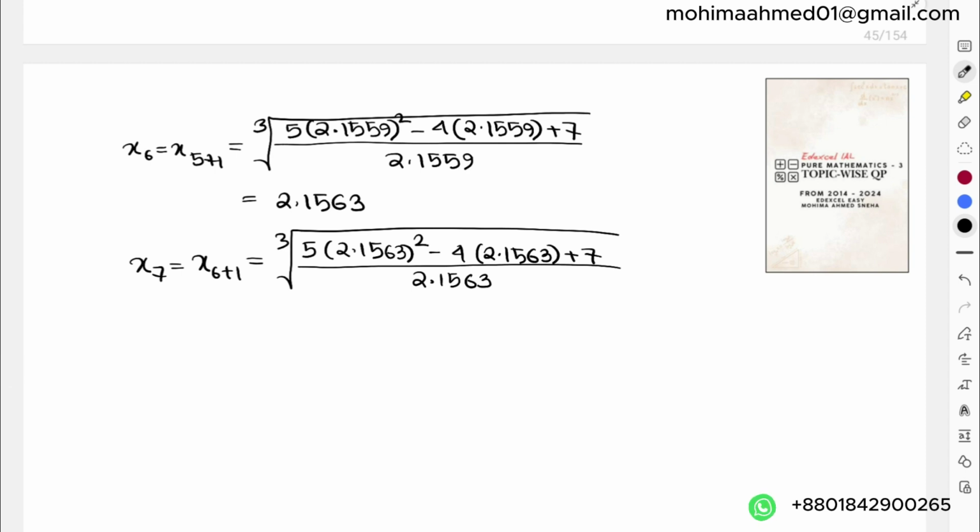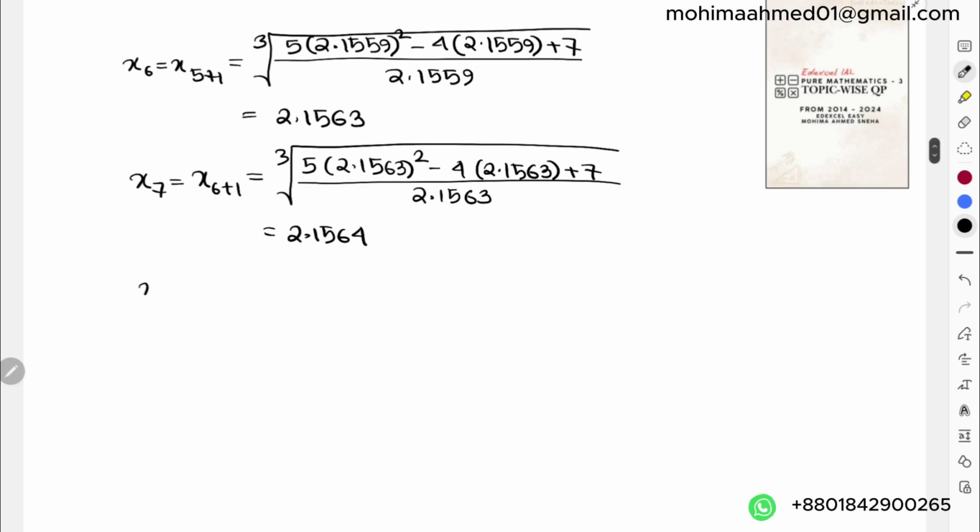Using 2.1563, you get 2.1564. The next one is x8.